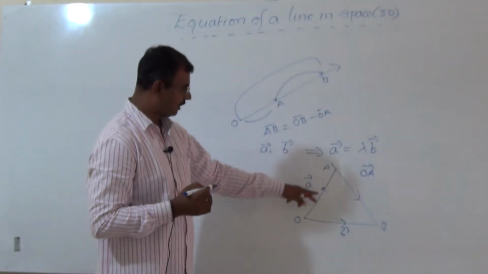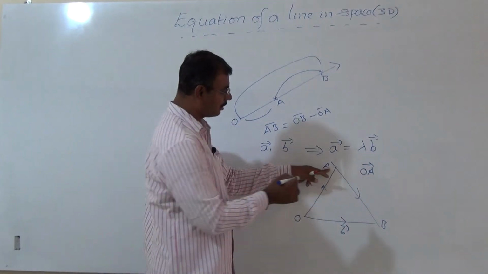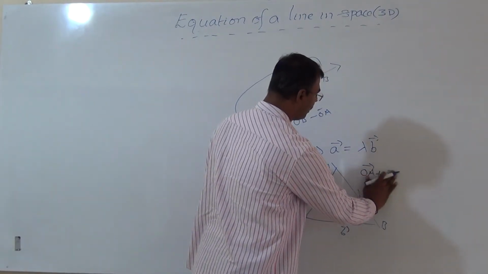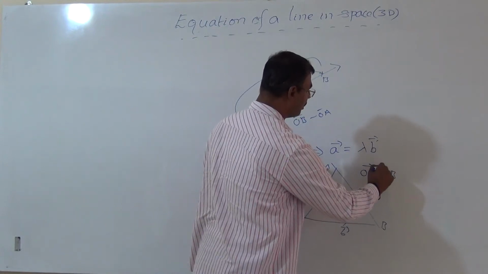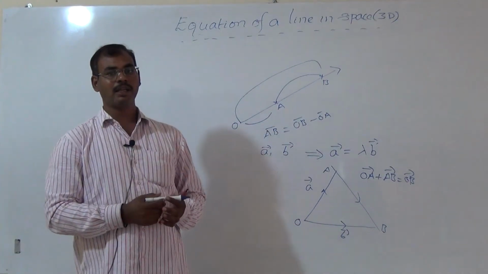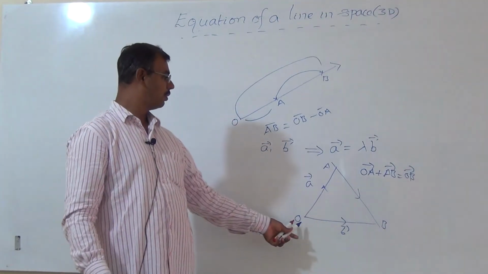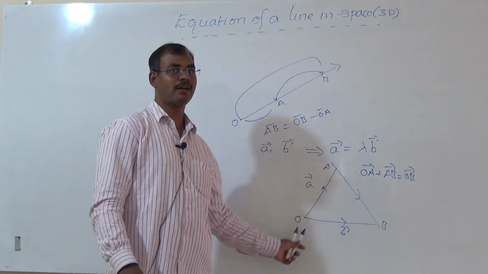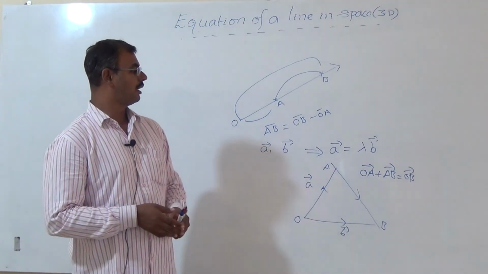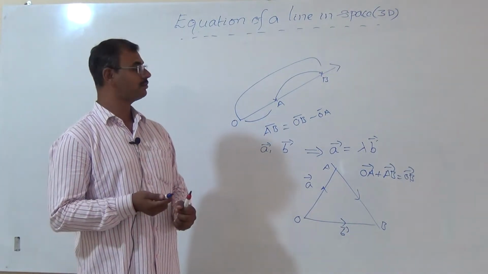Addition of two vectors, remember: OA vector plus AB vector is equal to OB vector. This is called triangle law of two vectors.